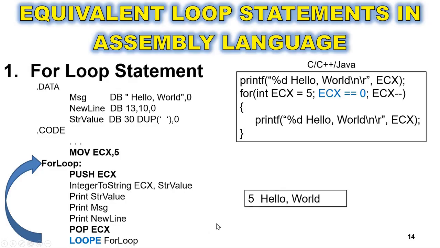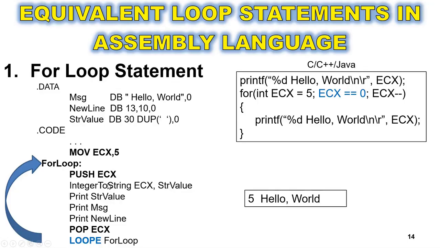So let us convert this following code written in C, C++, Java into assembly language applying the loop E or the loop Z. The code is much similar to the previous code. The only difference is that I replaced the loop machine instruction jump command with loop E.